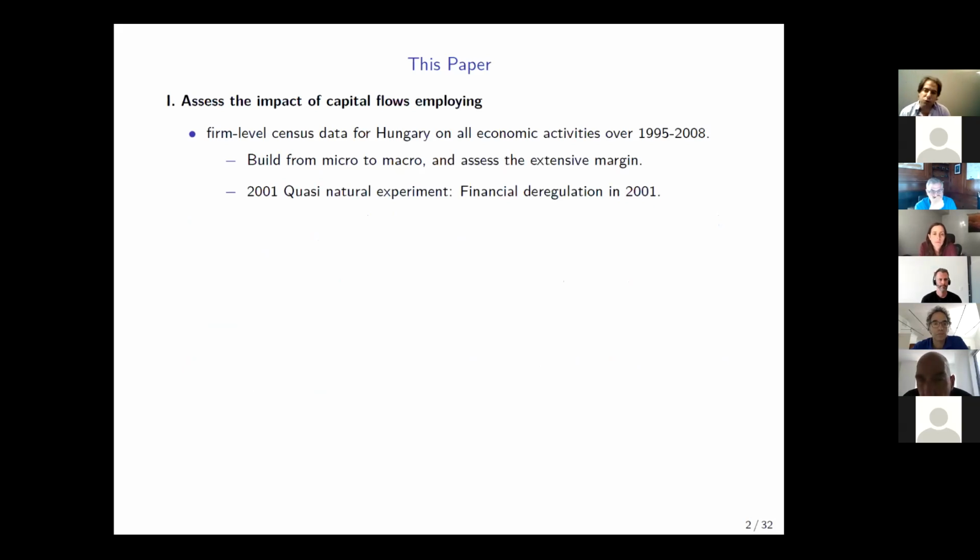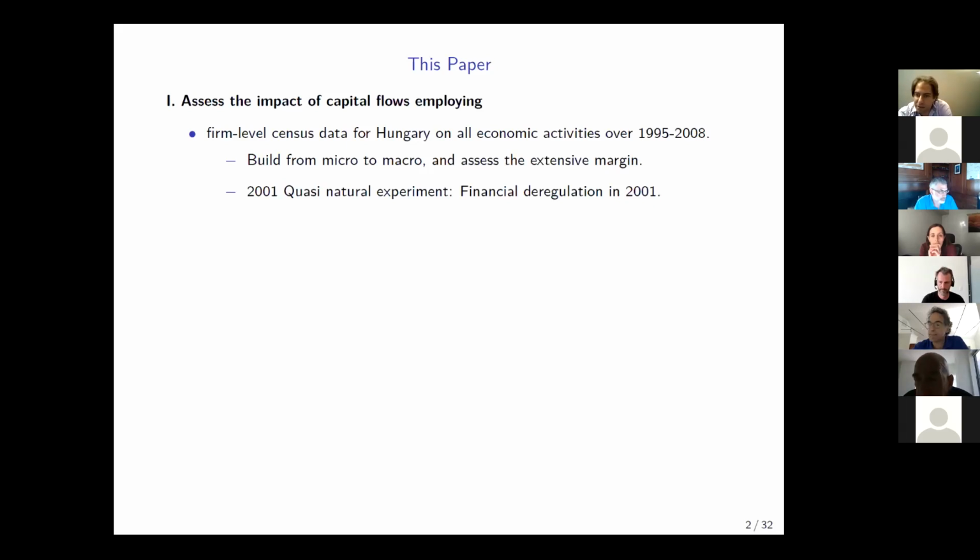So we're going to assess the impact of capital flows, and we're going to employ census-level data for Hungary, which is a pretty amazing database because basically you have every firm in the economy without a threshold of size. That includes firms in services, in agriculture, in manufacturing. On top of this data availability, you have as close as it gets in macro to a quasi-natural experiment.